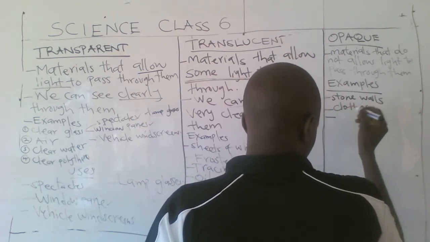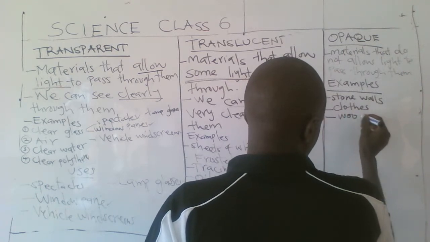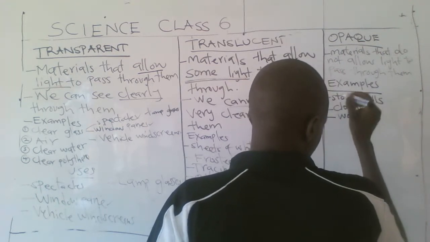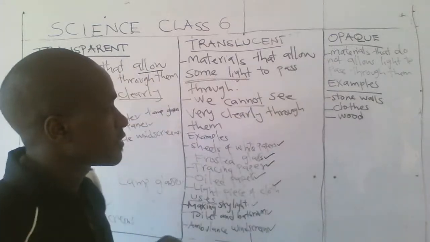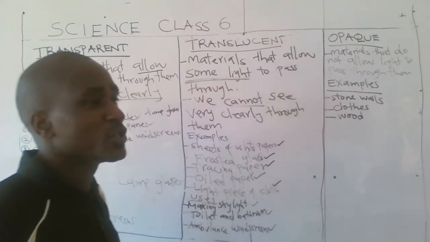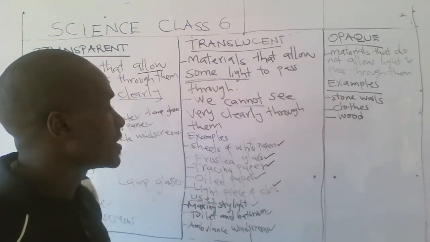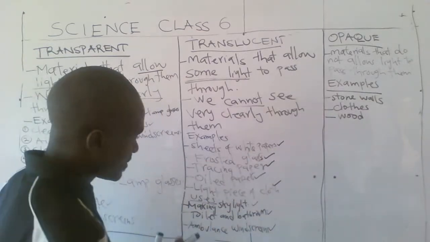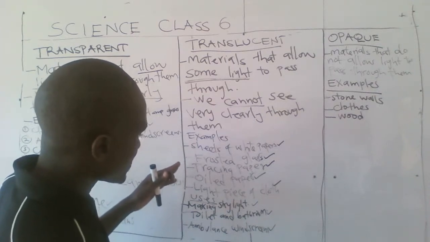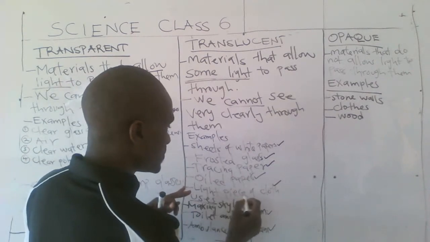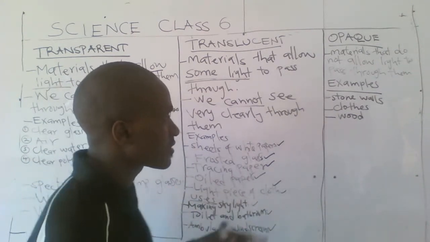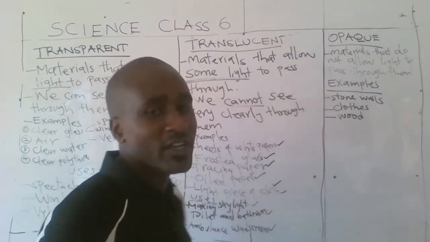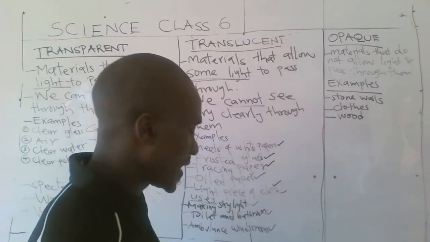We wear clothes for privacy. So when you are choosing your clothes, make sure it is opaque, which does not allow light to pass through them. And remember, a light piece of cloth is translucent, but most clothes you find out they are opaque.